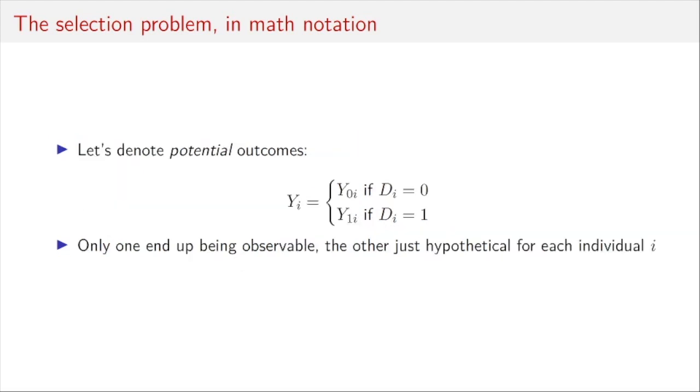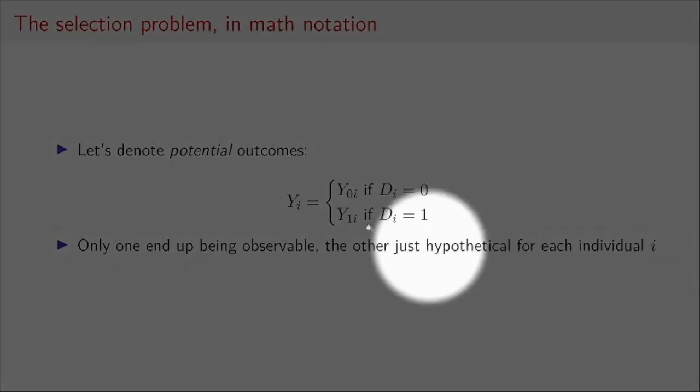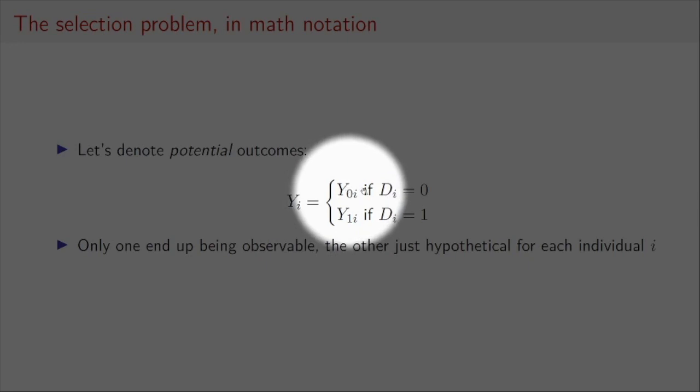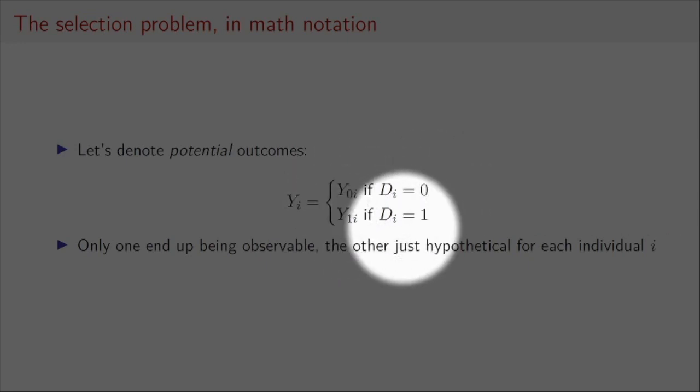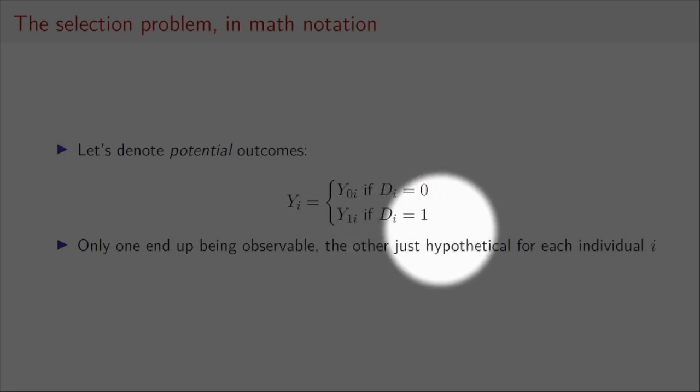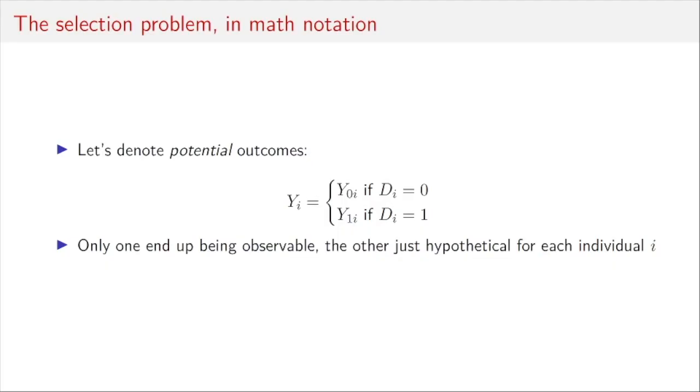So the problem here is that we are trying to compare something that happened to something that did not happen. We want to compare y after someone went to the hospital to the y they would have had if they had not gone. So let us use some notation for potential outcomes. Let's say that y_i is either equal to y_0i for d_i equals 0, no hospital, or y_1i for d_i equals 1, hospital. Only one of those two will ever be observable. The other one is always a hypothetical. Either you went to the hospital or you didn't.